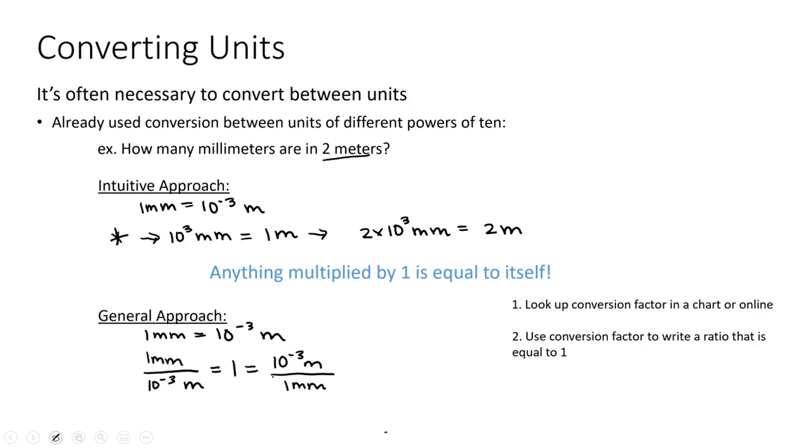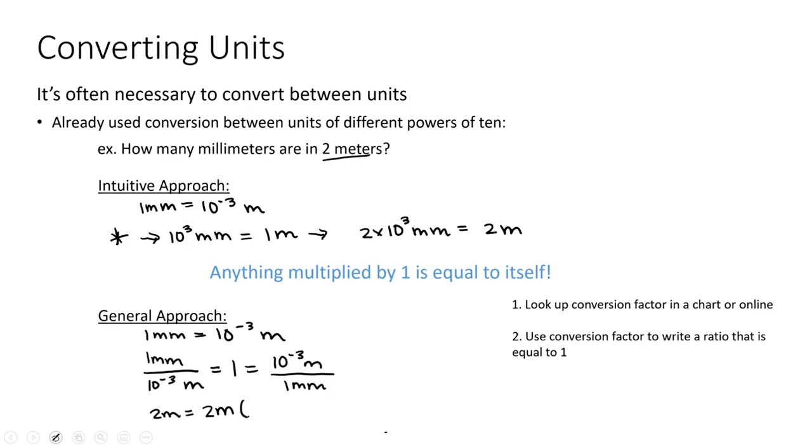Next thing I want to do is use those ratios, which are equal to 1, to convert my units. So starting out here with 2 meters, I would say 2 meters is equal to itself multiplied by 1. But now instead of just writing 1, I'm going to use my conversion factor, and I'm going to pick the ratio that cancels the units I don't want and leaves me with the units I do want.